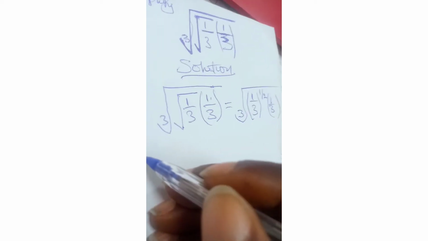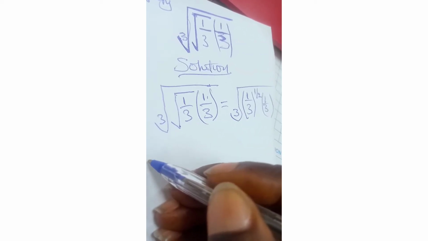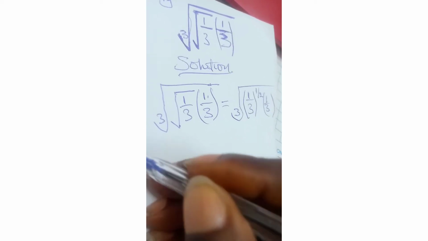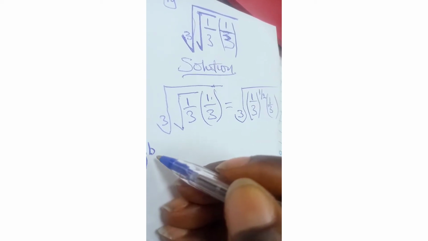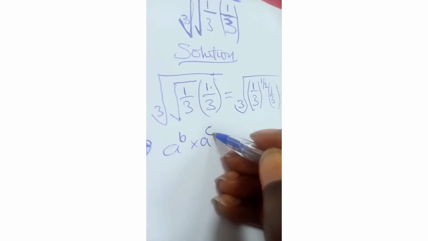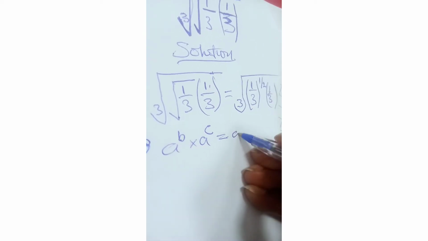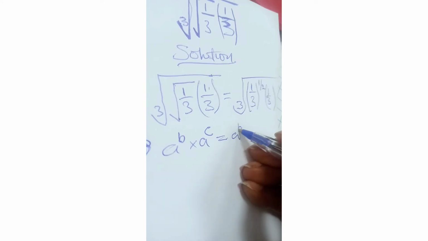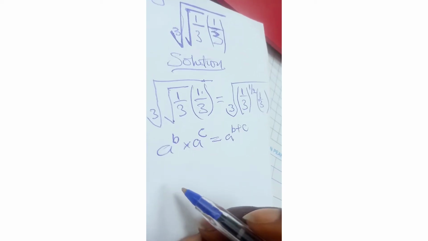For example, if you have a raised to power b times a raised to power c, it is equivalent to, since the bases are equal, you pick one: a raised to power b plus c. This multiplication will become plus. That's the multiplication rule in indices.